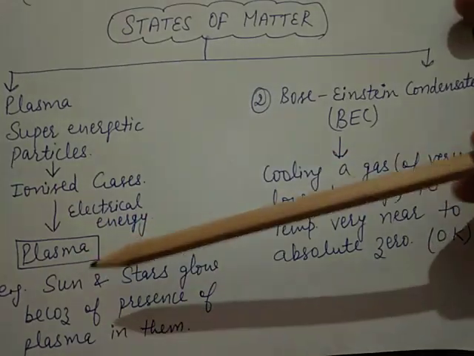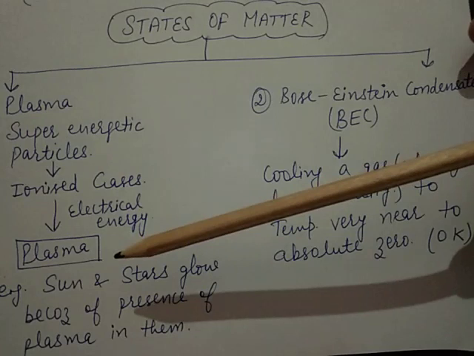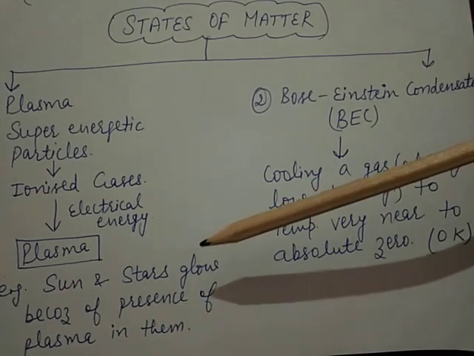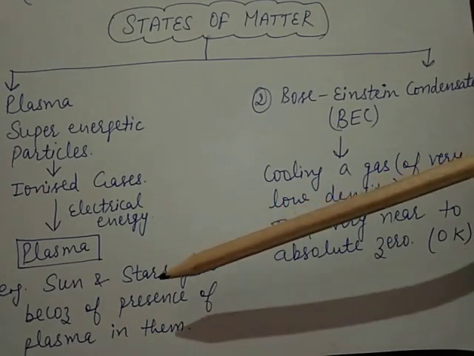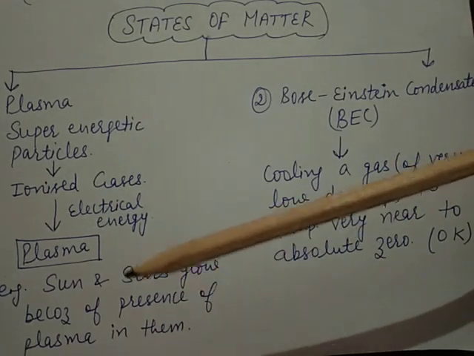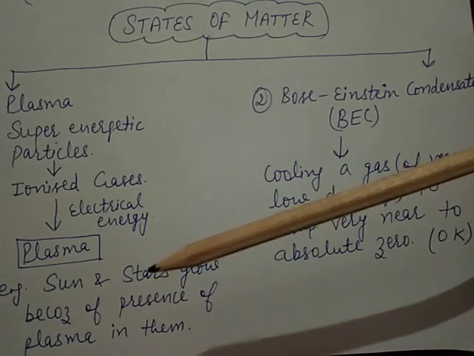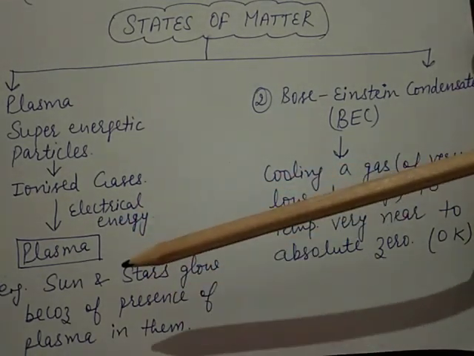So this is the formation of plasma. Examples: the sun and stars glow because of the presence of plasma in them. In stars, plasma is created because of very high temperature.